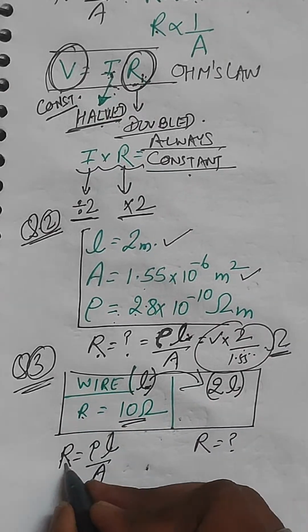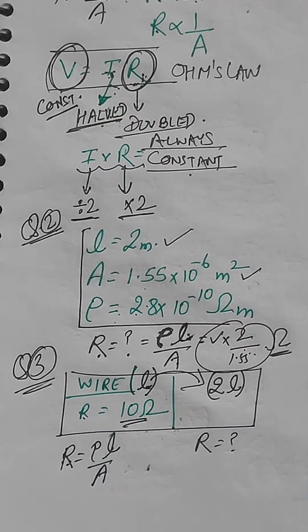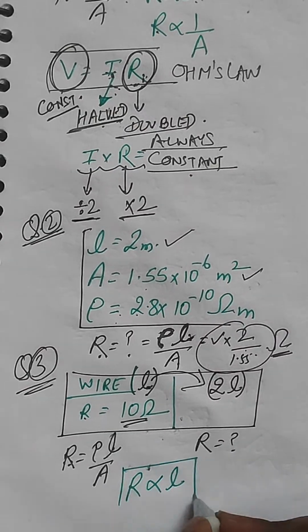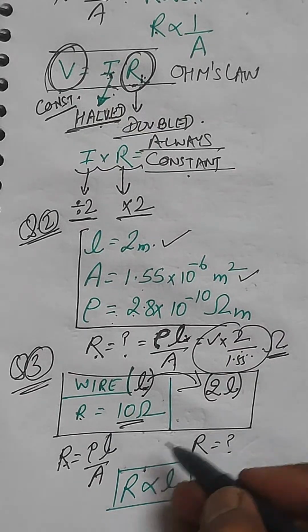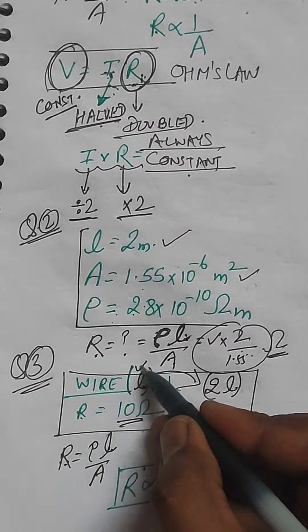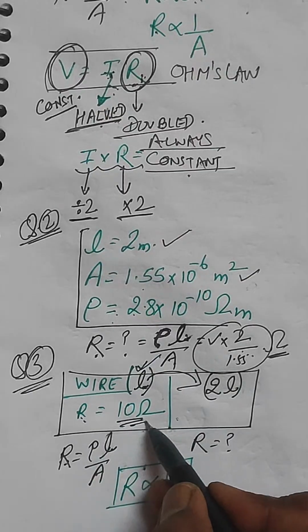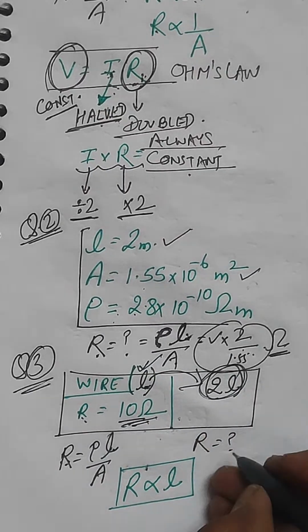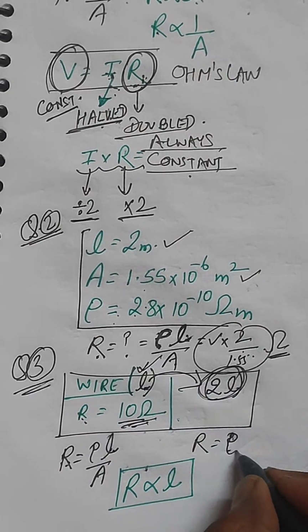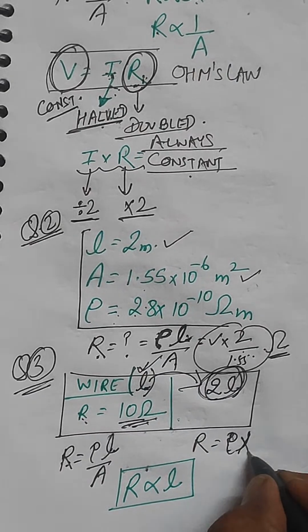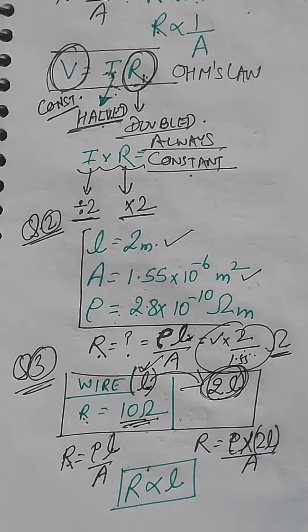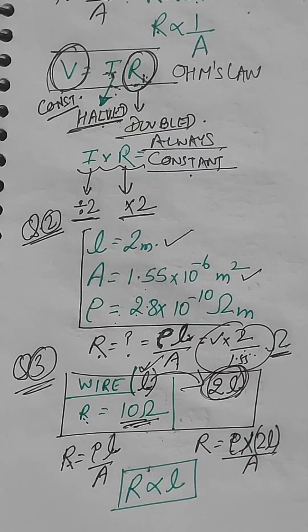And here you can see R is always proportional to L. That means when the length was L, the resistance was 10 ohm. And when the length is 2L, then the resistance will be rho into 2L by A.